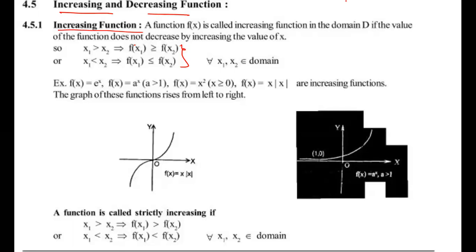That is the definition. But dear students, there is a separate chapter on increasing decreasing functions. I'm giving just the basic definitions only.